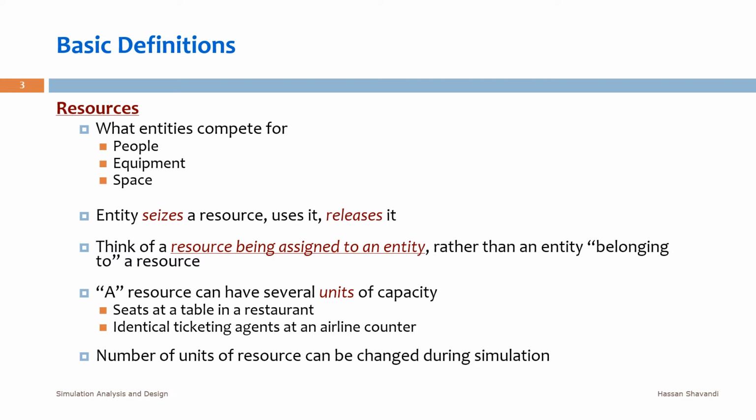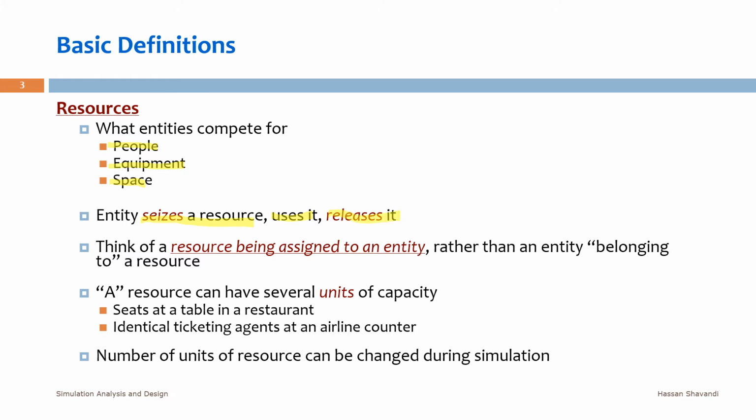So resources could be people like a teller in the bank system, could be equipment like a machine in the part processing center, or it could be a space, right? So usually an entity seizes a resource and then uses it for a while and then releases it after taking the service.